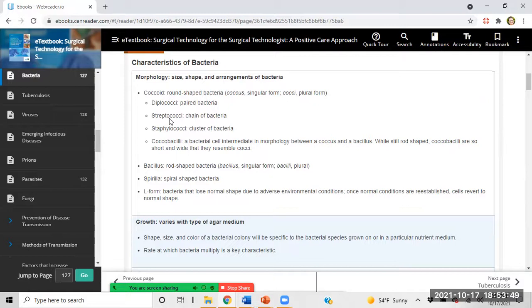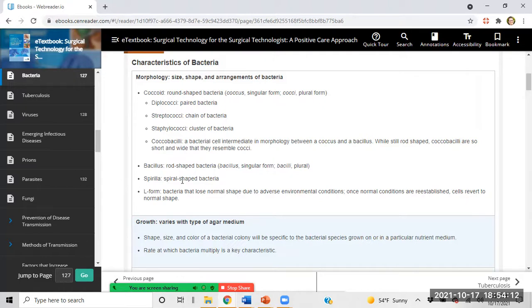We have coccoid, and these are round. Coccus is the singular form, cocci is plural. So diplococci, streptococci, staphylococci, and coccobacilli. You can see there are different types: paired, chain, cluster, and then this one is in between, basically.